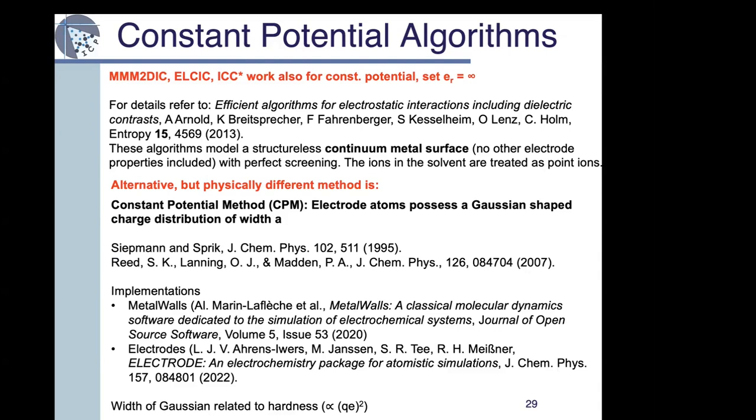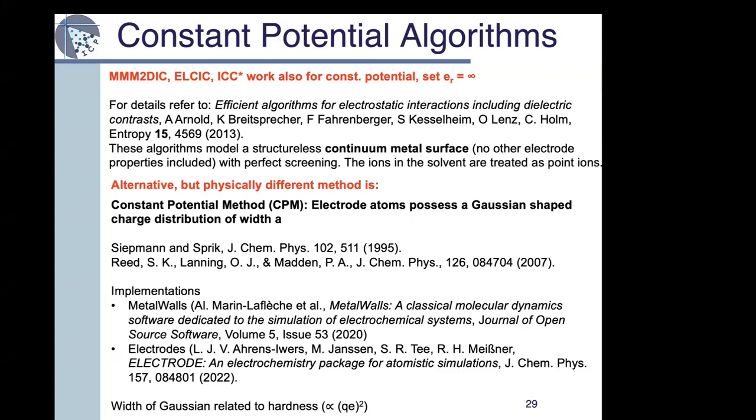But in principle, it's not the same method, because you do something physically to your electrode. You prescribe a certain distribution, polarizability, let's say, of your atoms to the electrode atoms. And this was done already a long time ago by Siepmann, Sprik, and Madden and Reed did this. And this is what Mathieu has been using for a long time.